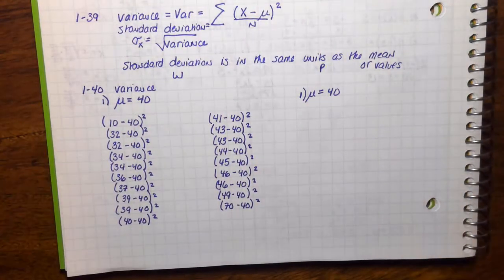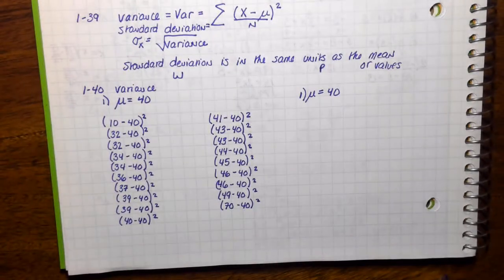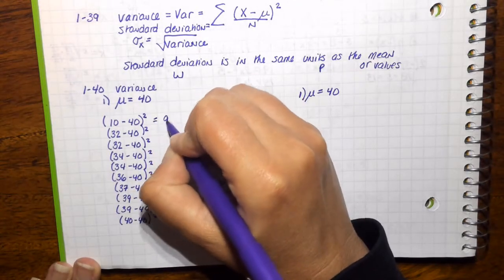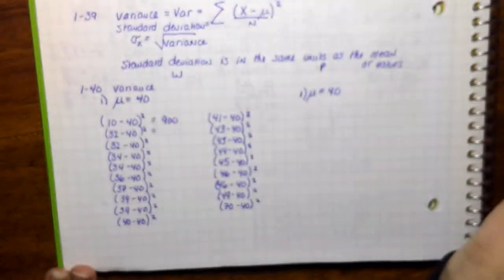Alright. So, 10 minus 40 is 30. 30 squared is 900. Let me just check. It's like a math test when you check what everything is.